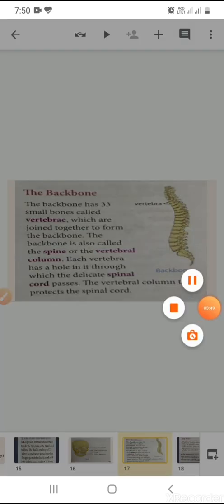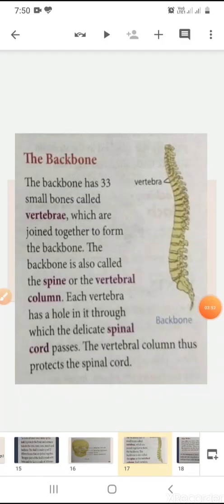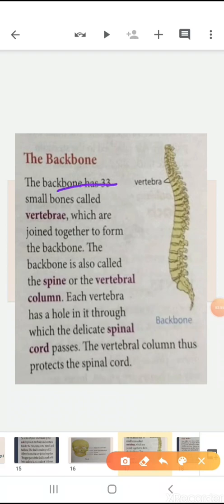Now the backbone. The backbone has 33 small bones which are called vertebrae, which are joined together to form the backbone.